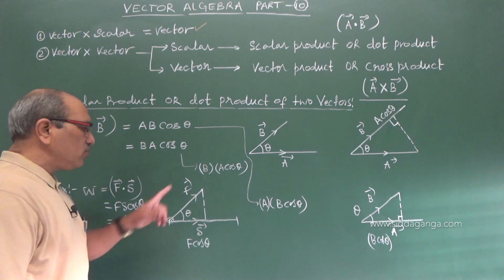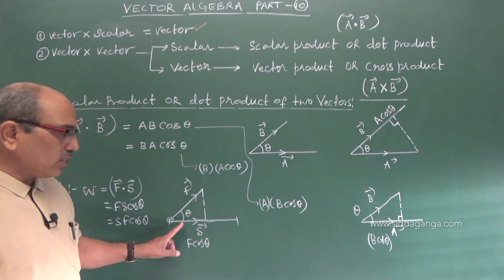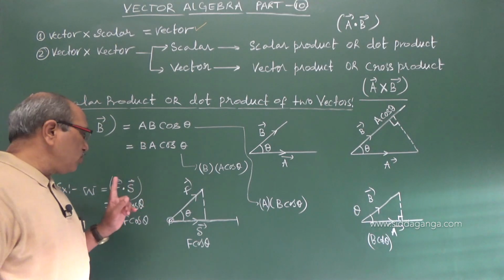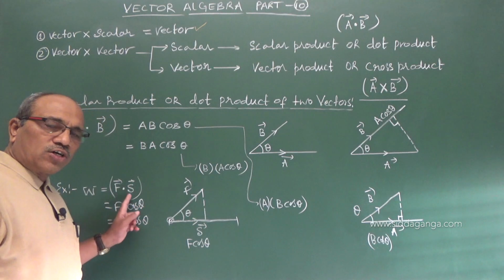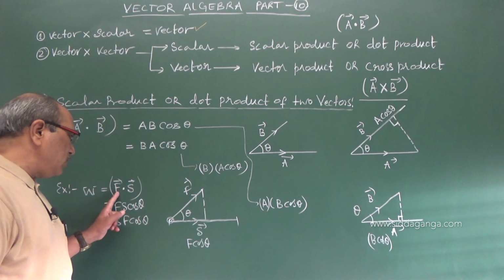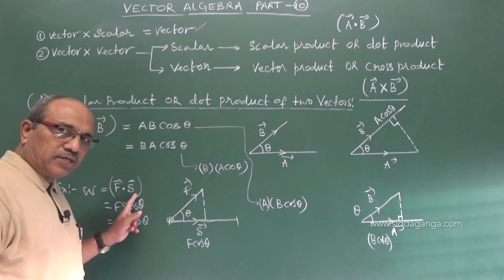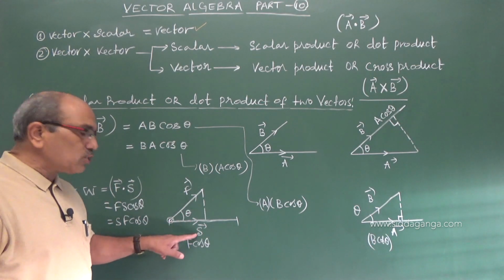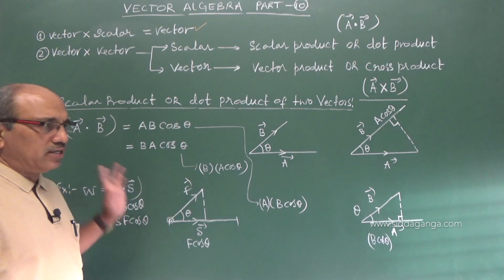So it is commutative, I will come to that in properties. I hope you have understood this. Work done is not just F into S, it is the dot product of two vectors, one is force and the other is displacement. Effective force in the direction of displacement into displacement gives you the work done.